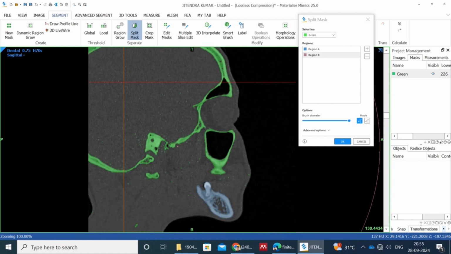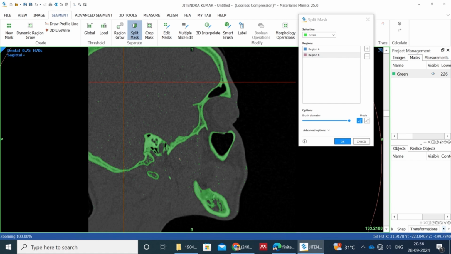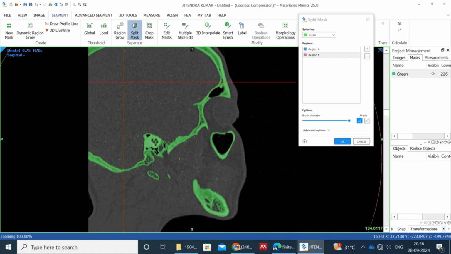You don't need to miss any image. If you miss any image, then it will not segment, it will not get completed.